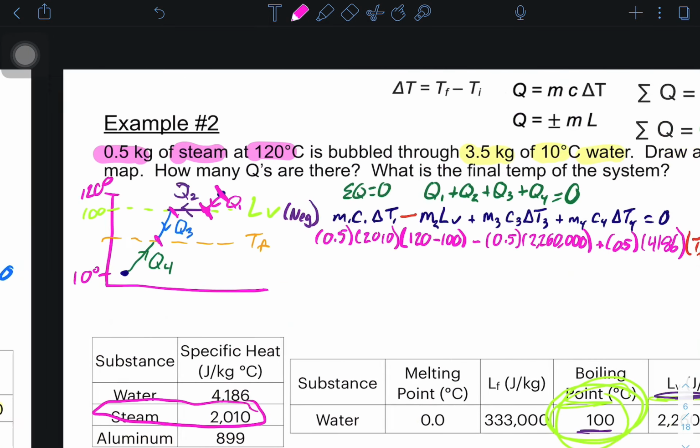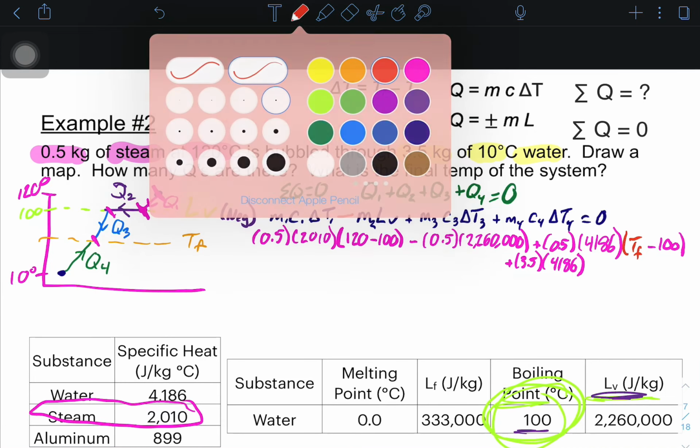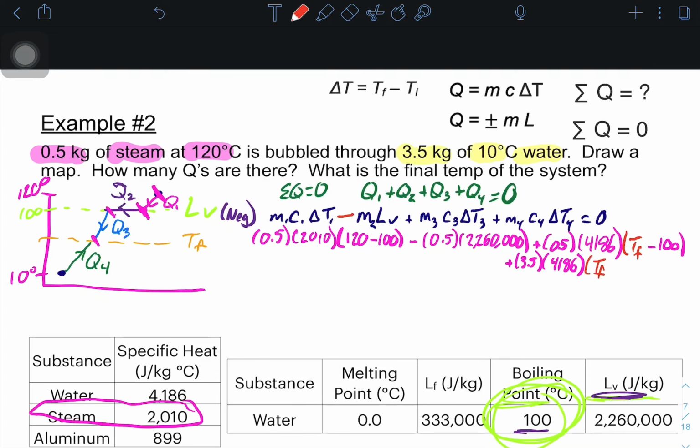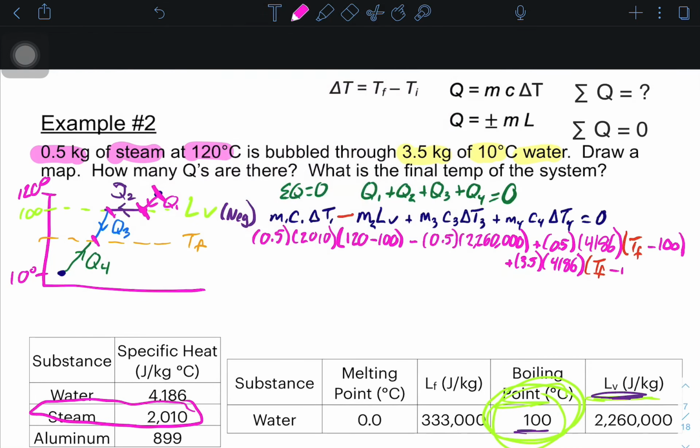And then Q4 is going to be the 3.5. That's liquid water, so it's 4,186 times the TF minus what that liquid water started at, which is minus 10. And then that's all equal to 0.